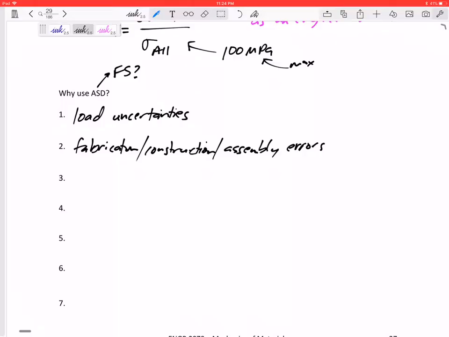Maybe this pin wasn't made as precise to the diameter that you think, or maybe it wasn't cut just right. Maybe there were some errors in the fabrication and construction process. Unknown forces may occur.